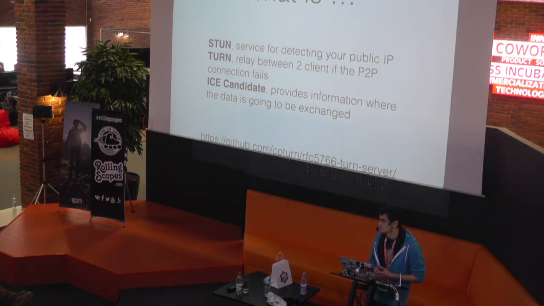This can happen due to a strict firewall or some different network issues. ICE candidates provide information about where the data is going to be exchanged, I mean IP address and port. The more candidates you have, the better the situation is.